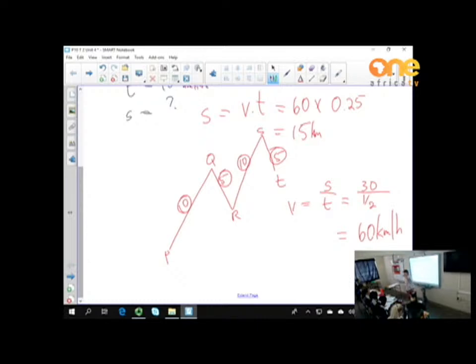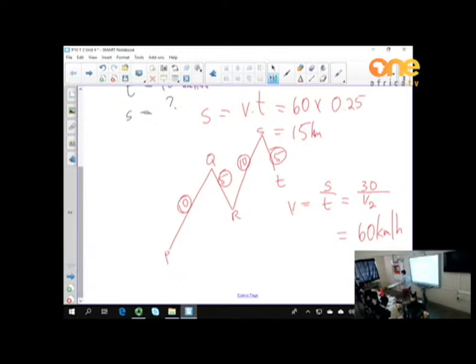Speed is a rate of change of distance, because distance is not a vector and speed is not a vector. And velocity is a rate of change of displacement, because there is a specific direction to it as well.